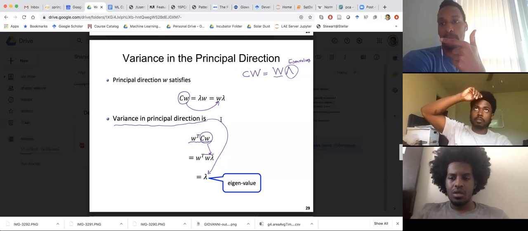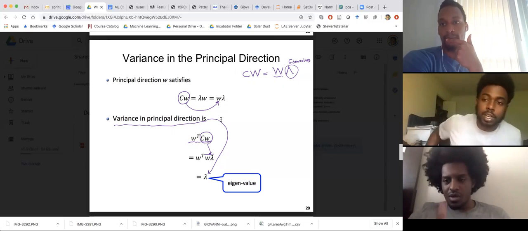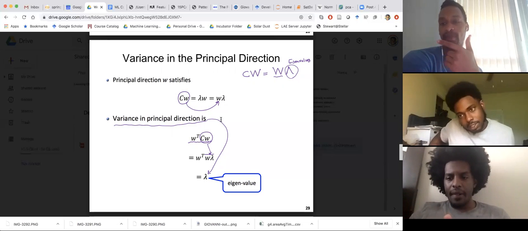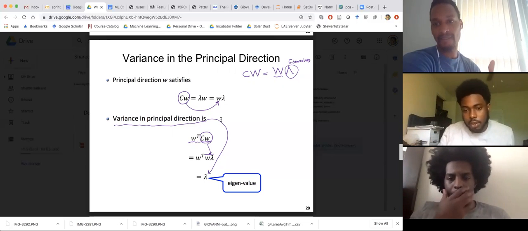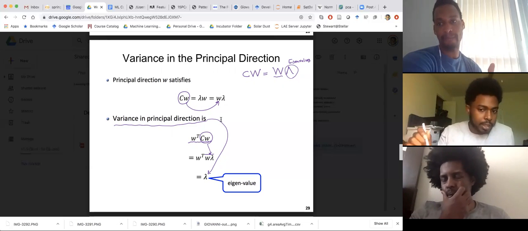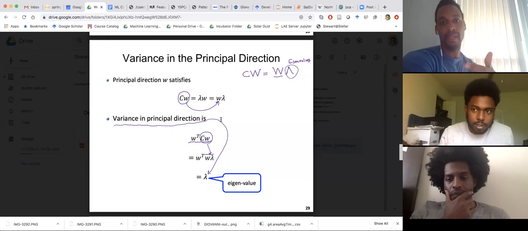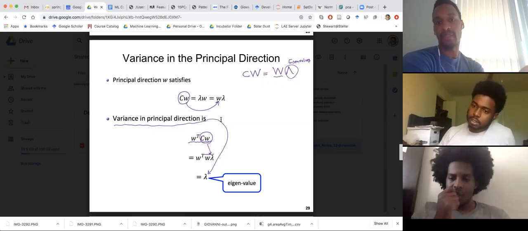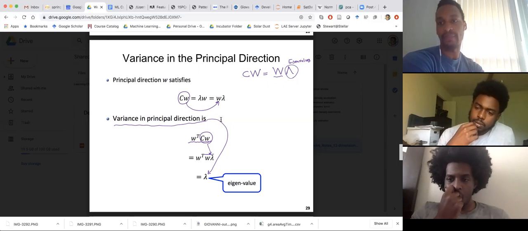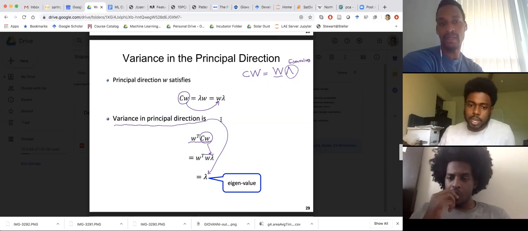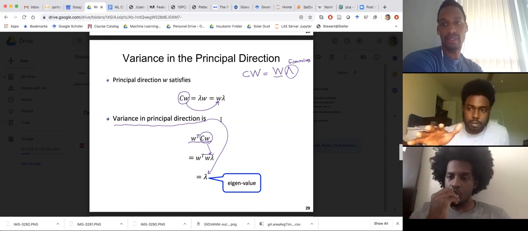How do the eigenvalues relate to the eigenvectors? Because my linear algebra is not strong. Okay, so for each eigenvalue you find, you also find a corresponding eigenvector. Well, I know that that's true, but I don't understand the mechanics of that.